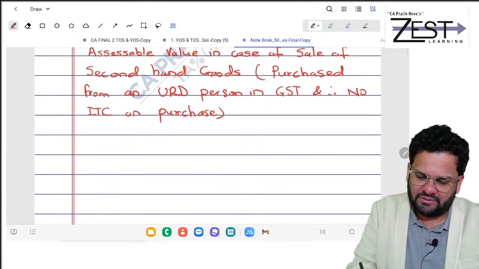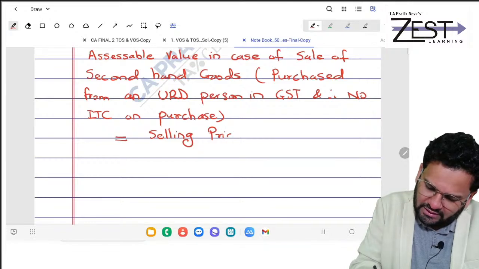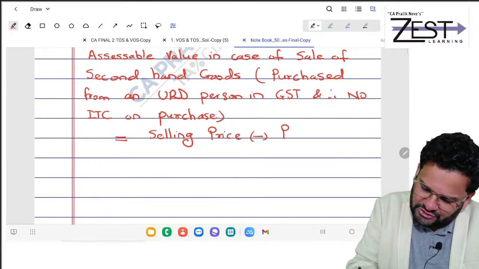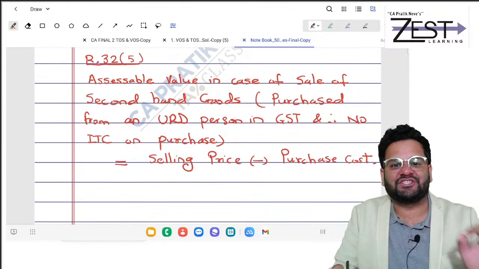Did you understand? It will be equal to selling price minus purchase cost. Once you complete this, please say D in the chat window.